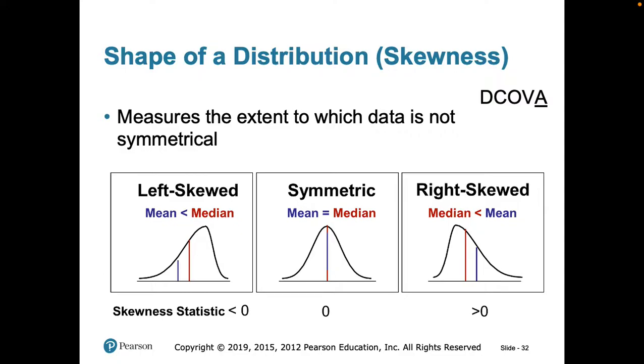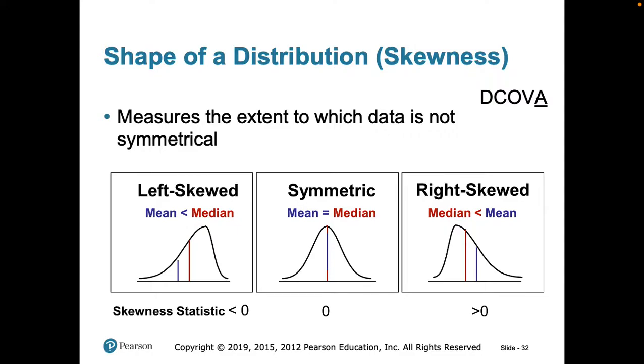Here in this case, we're talking about the shape of distribution, the skewness. So once again, we are measuring to which extent the data that we're looking at is symmetrical. If you look at the first example, we can see that one is left skew, so the mean is less than the median. Remember those two values that we found, right? The mean and the median.